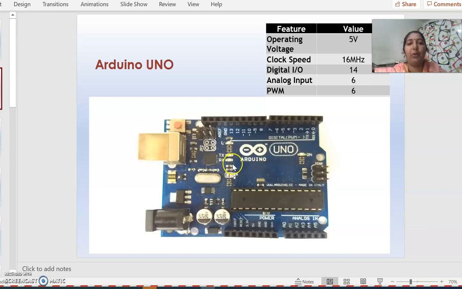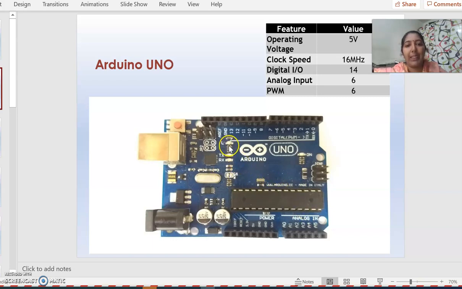And the next two important LEDs are this TX and RX. These TX and RX LEDs will flash whenever you are doing serial communication between this Arduino Uno board and other devices. And these two LEDs also flash together whenever you are uploading the program into this Arduino board.